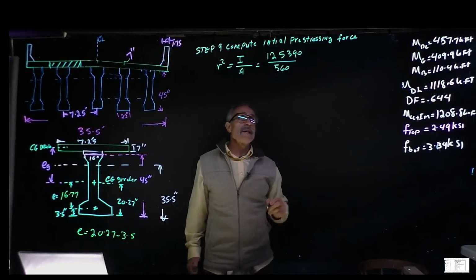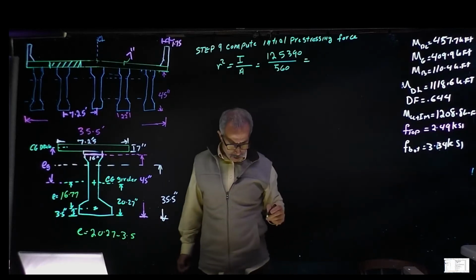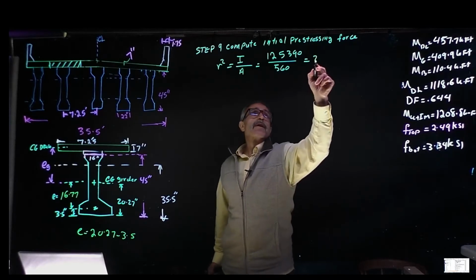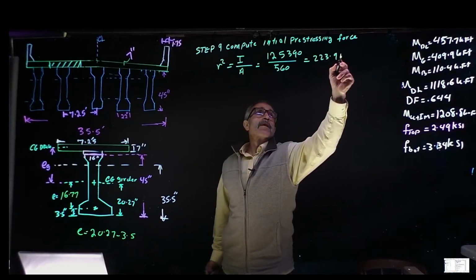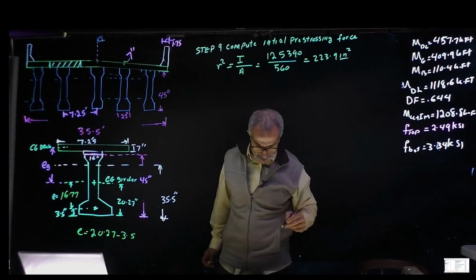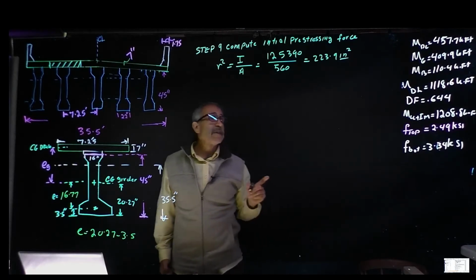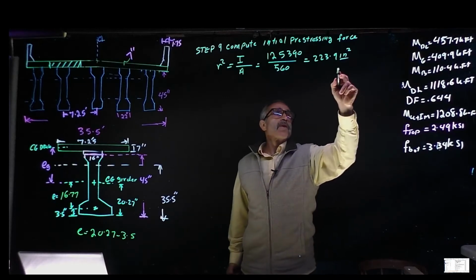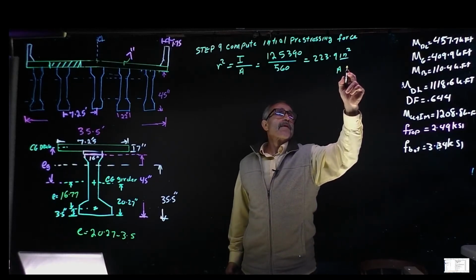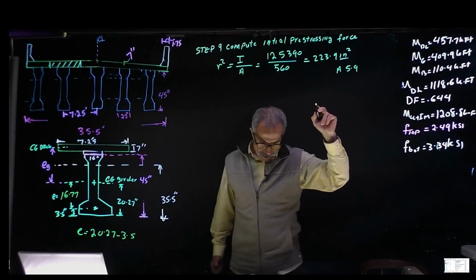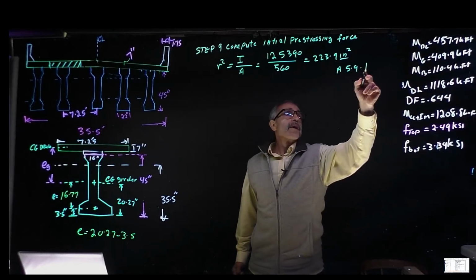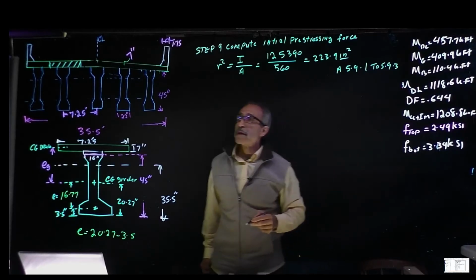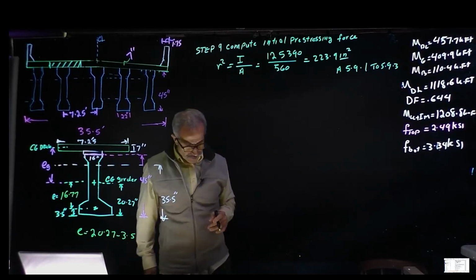So that's going to come out to 223.9 inch squared. And for this section from now on, study, read AASHTO 5.9.1 to 5.9.3, a lot of good stuff there. All the formulas and stuff are in there.